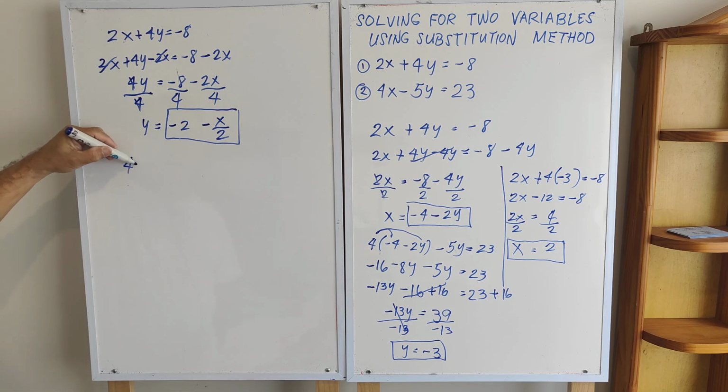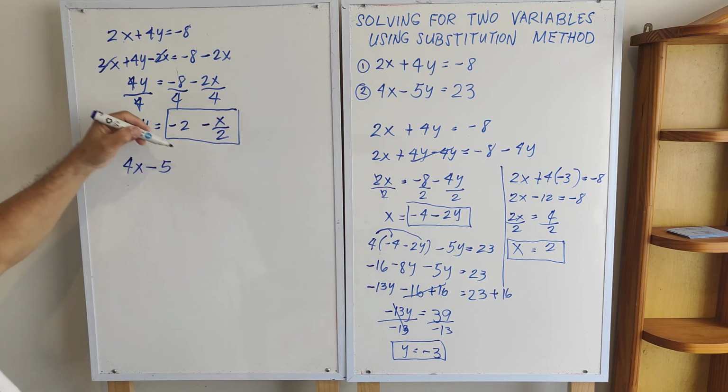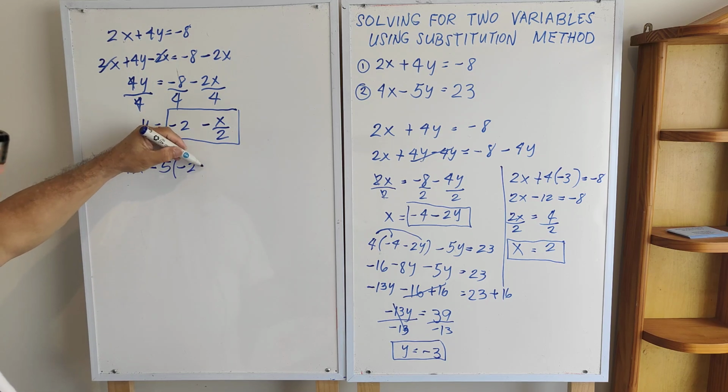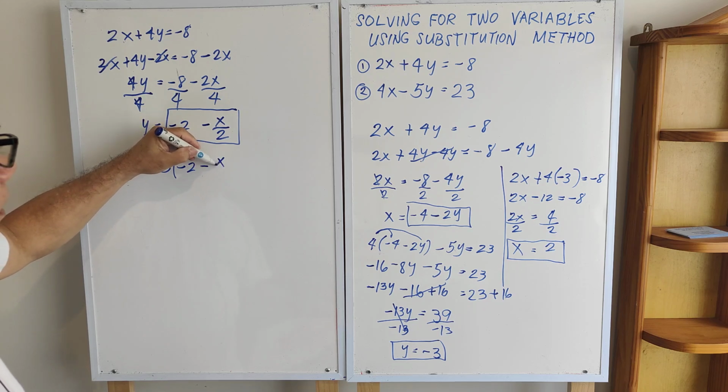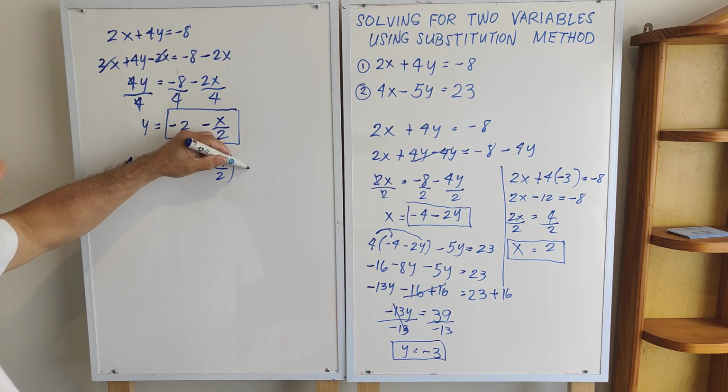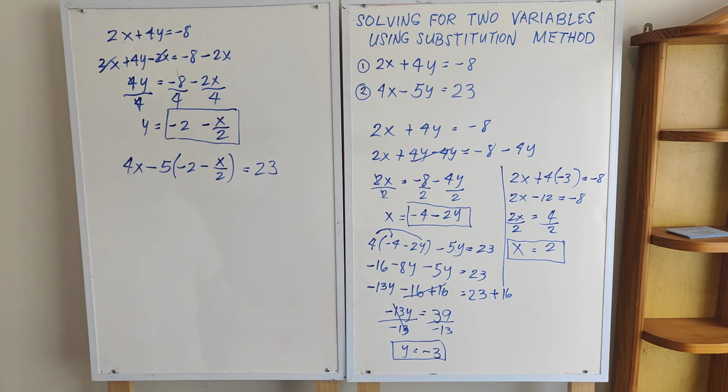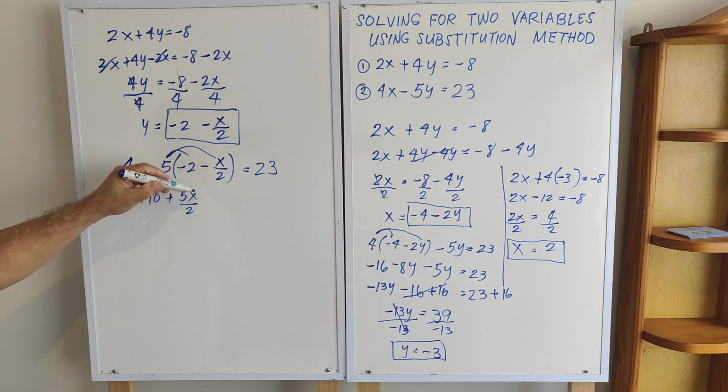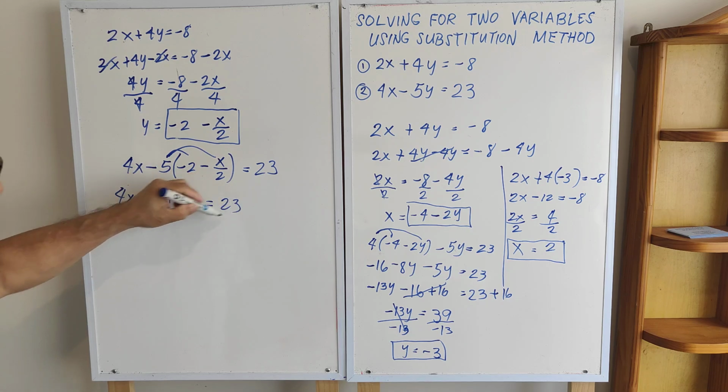So 4x minus 5y, but instead of y we put negative 2 minus x over 2, is equal to 23. So 4x, so we separate this one. This becomes positive 10. This becomes positive 5x over 2 is equal to 23.